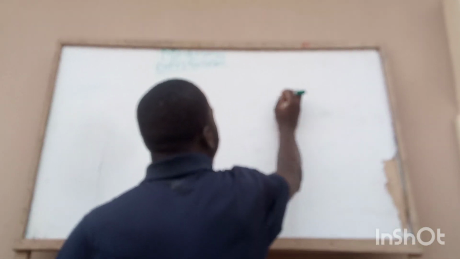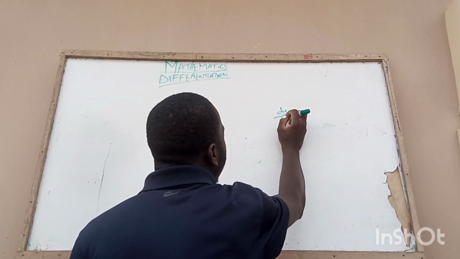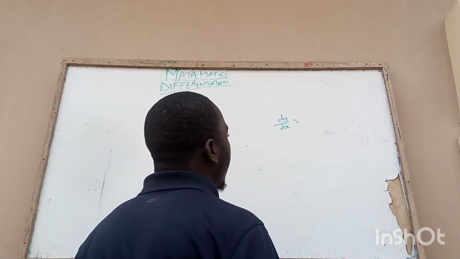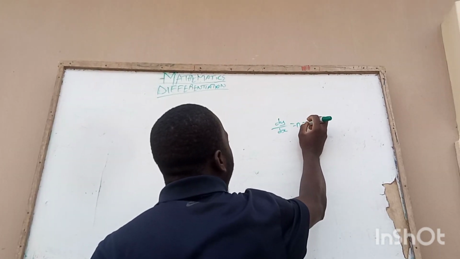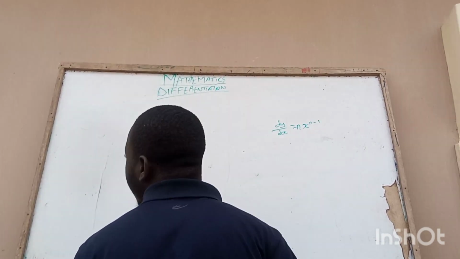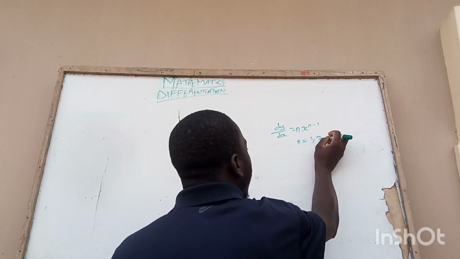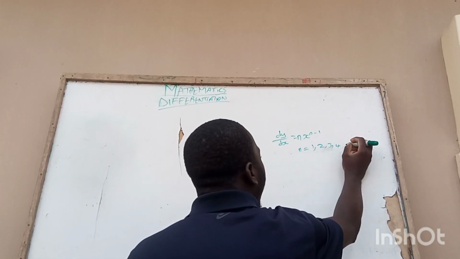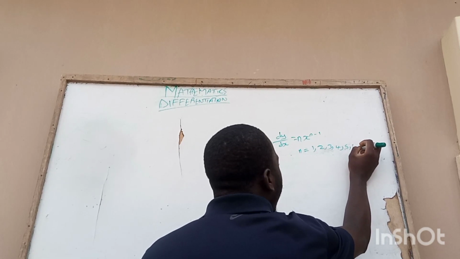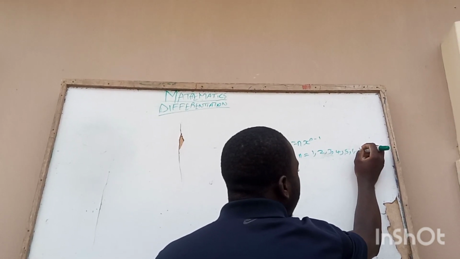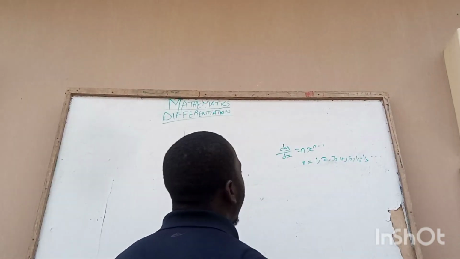We read the formula like this: dy/dx is equal to n x raised to power n minus 1, in which n can be 1, 2, 3, 4, 5, 1 over 2, 1 over 5, any number and so on.